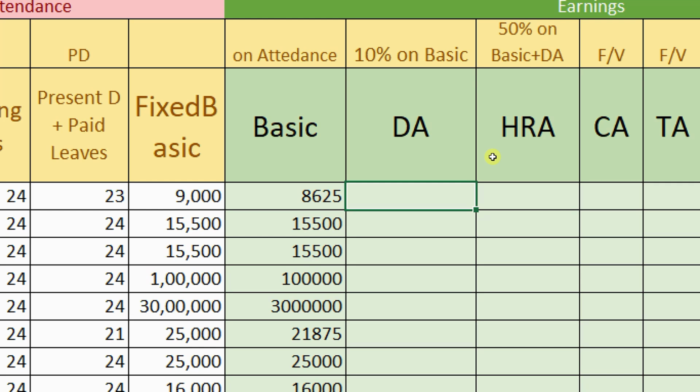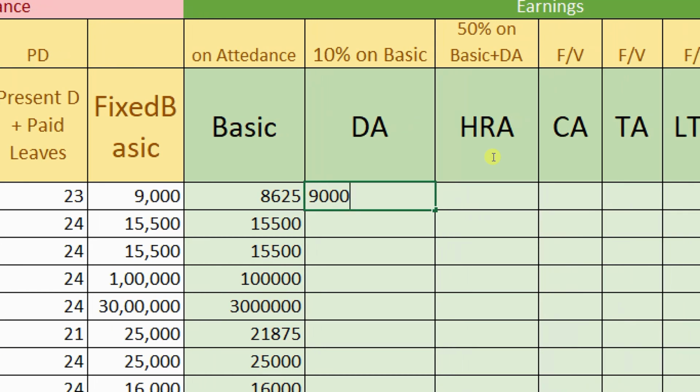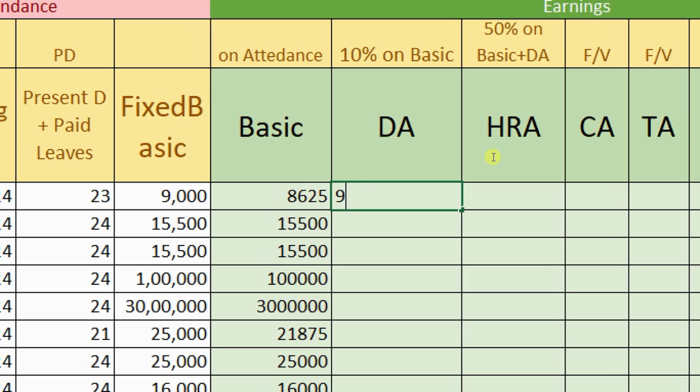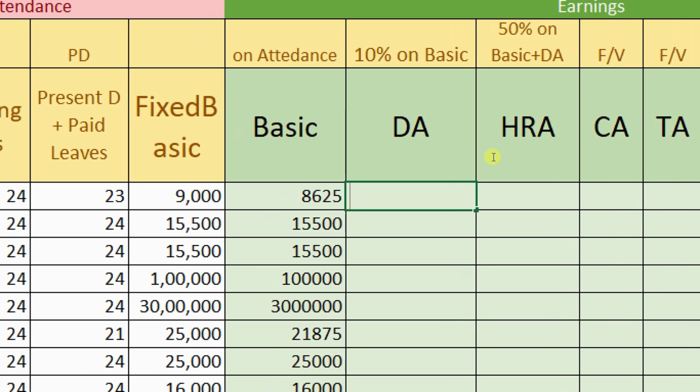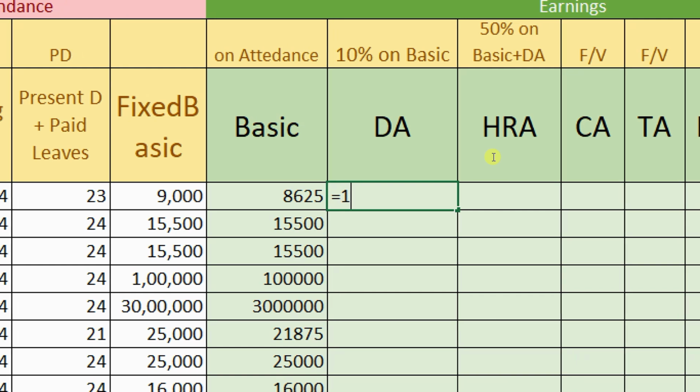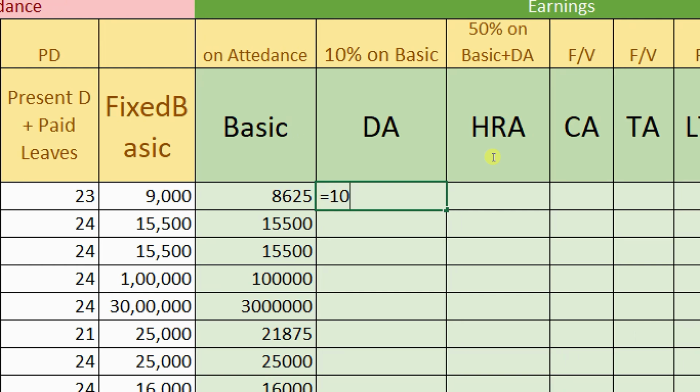Consider our company is also giving some DA, dearness allowance. When DA becomes more than basic, say my basic is 9,000, and this year inflation is 10%, they will give you 10%. Next year 10%, then 20%, and by 2030 inflation becomes 100%.